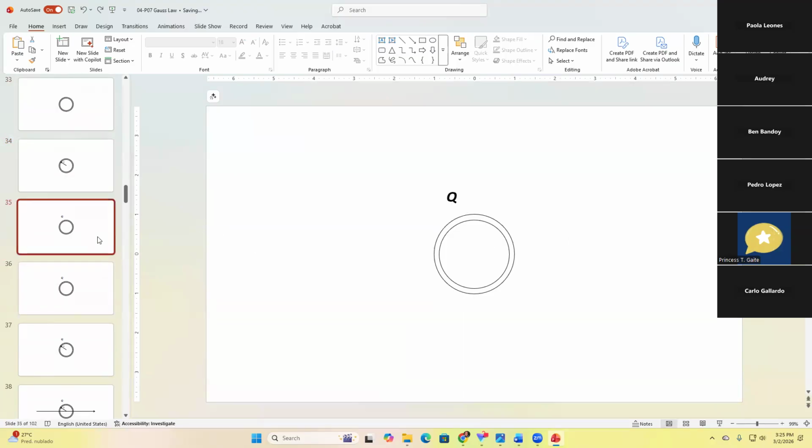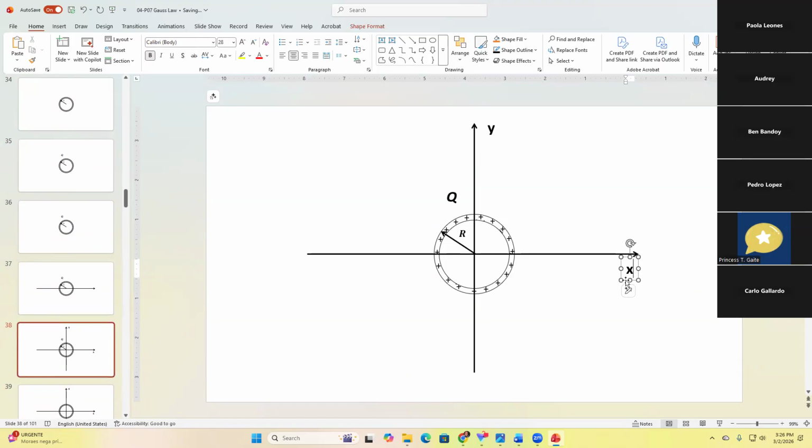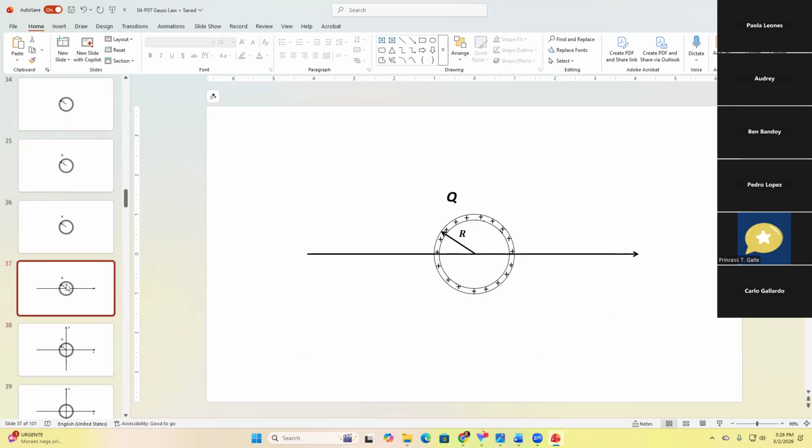And then I'm going to put the x-axis and the y-axis, just to be consistent, right? Here you go. X-axis, y-axis.